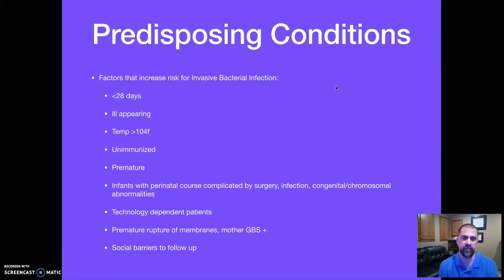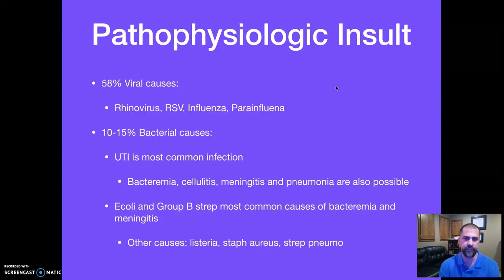If they had a prolonged premature rupture of membranes, and if the mother was group B strep positive, and then also if there's social barriers to follow-up, so they're not as reliable to bring their child in if the child is ill and then the child gets worse.